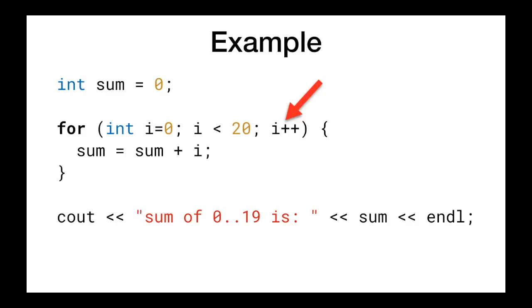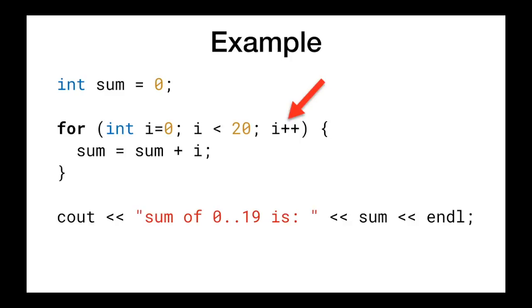Think about for a second what you think it's going to do next. So how about the initializer? No, that only runs once. How about the condition expression? Yep, that's it. Okay, so run the condition. Is i less than 20? Well, i is 1, which is obviously less than 20, so let's loop again. Enter the code block. Add sum's current value of 0 with i's current value of 1, and put the result back into sum. So now sum is 1. Run the post statement, which increments i to 2, and do it again.